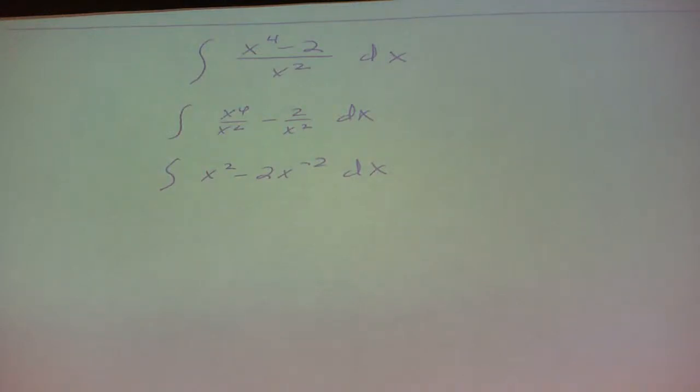So again, are there algebra issues? Are there issues with negatives? We've got to find where the little issues are.